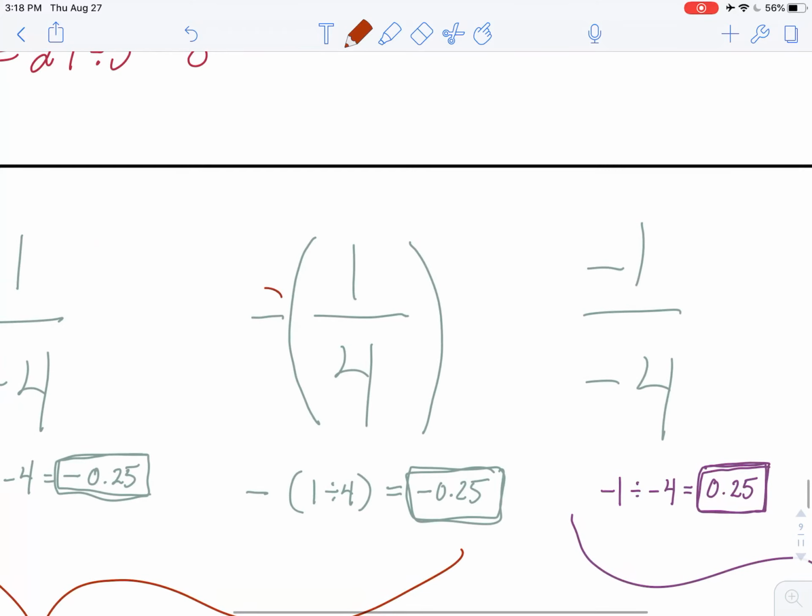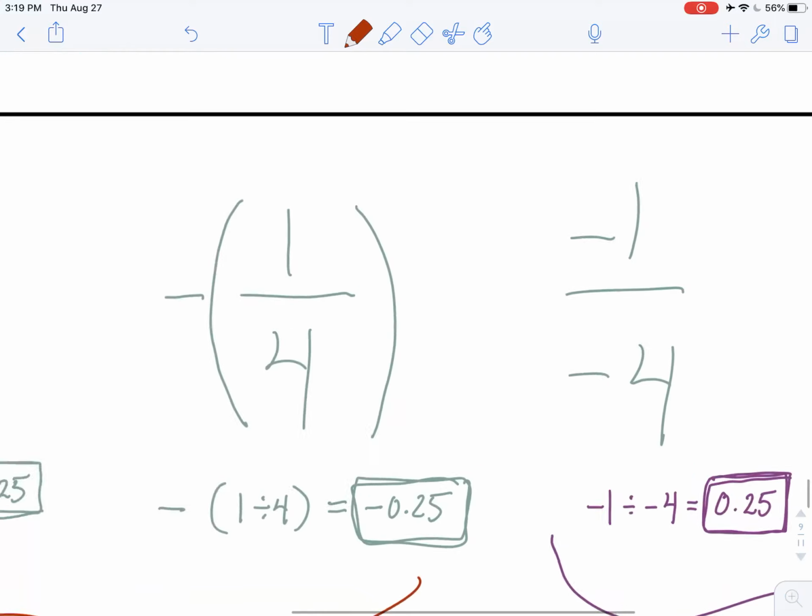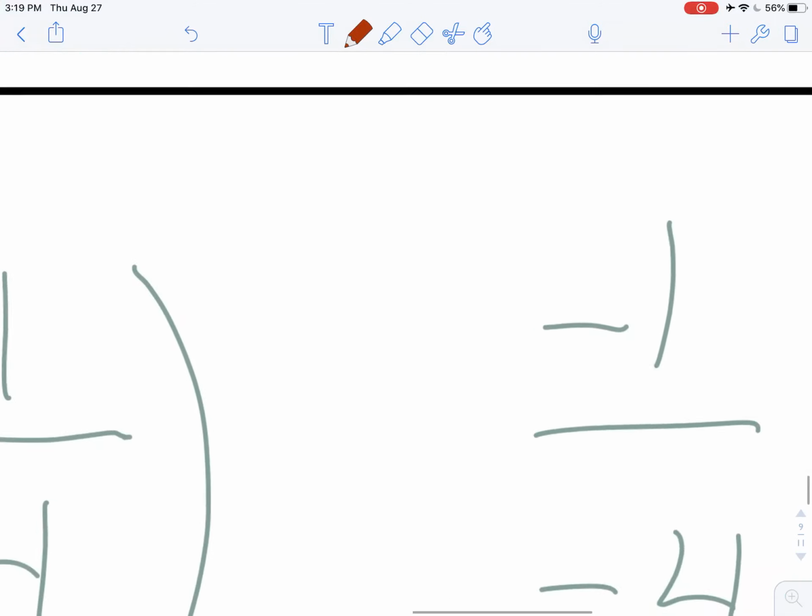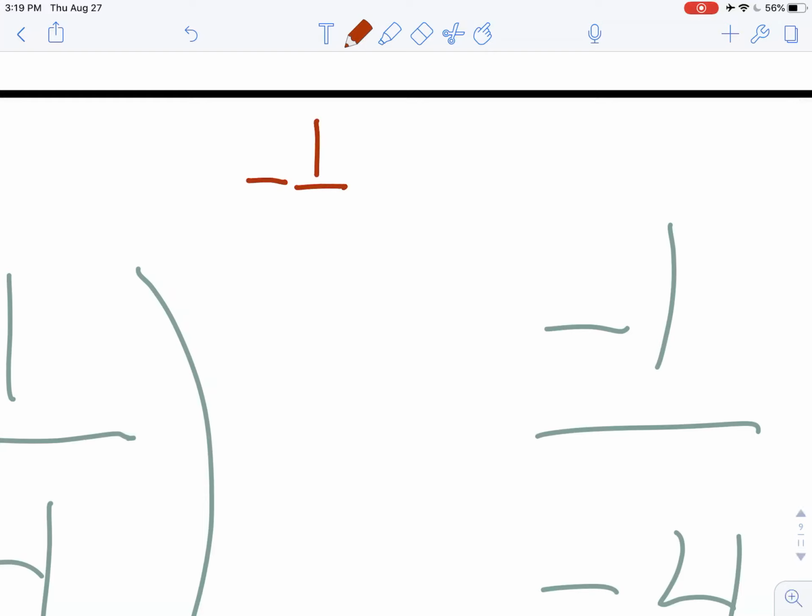Notice that when you have a negative sign outside of the fraction, it only refers to one of the numbers, either the numerator or the denominator. A common mistake is that people will see a fraction written like this, and they will think it means negative 1 over negative 4.